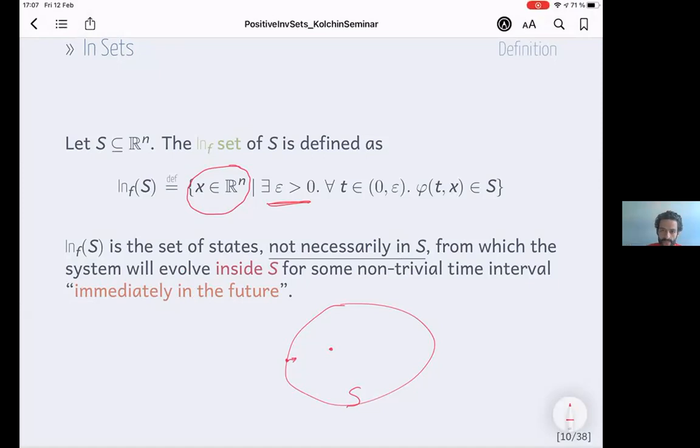You are at some point in the space, not necessarily in the set S, for which the flow in the immediate next future remains within the set S. This is all it says.